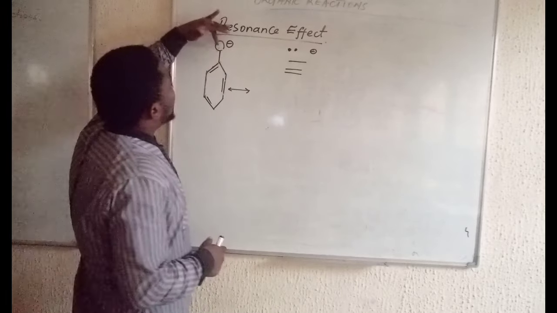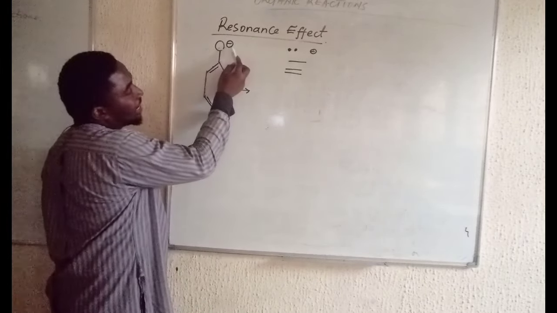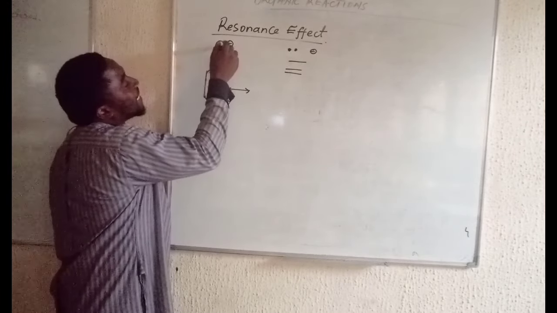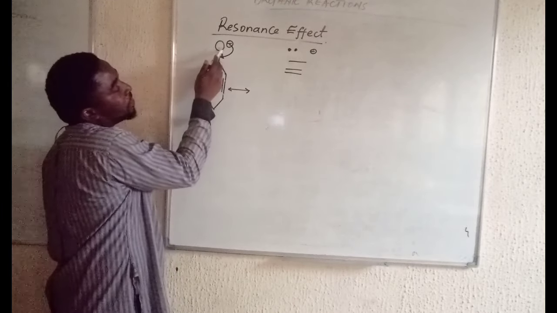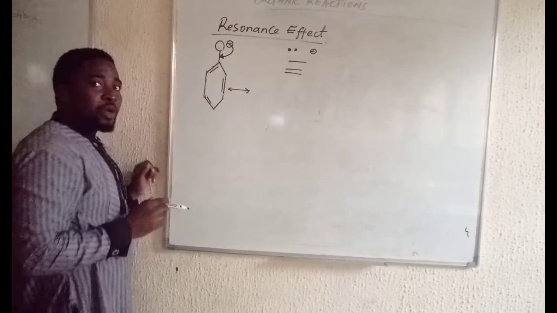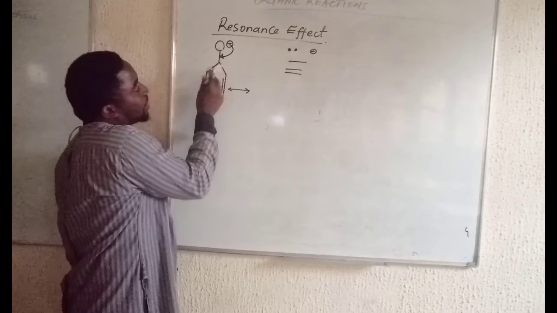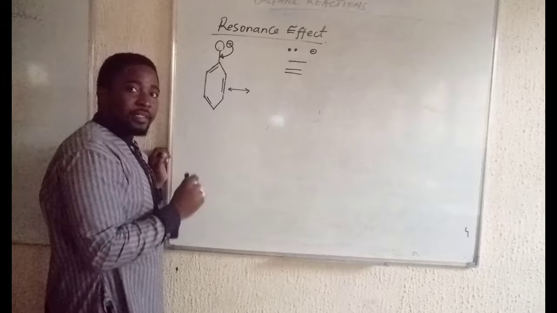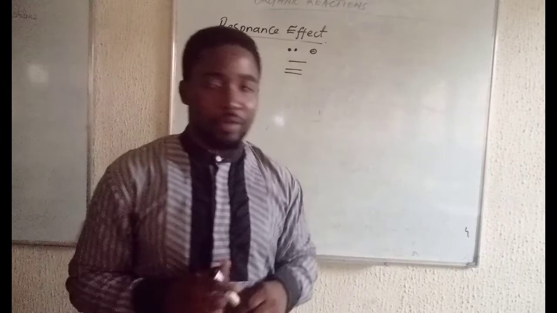So let us see how resonance occurs in phenoxide ion. Now look at the negative charge. This is one of the conditions for resonance effect to take place. So the negative charge is going to come here where we have the single bond, because that place is electron deficient. And it's going to cause the electron in the pi bond here to relocate, which is what we call the delocalization of pi electrons.